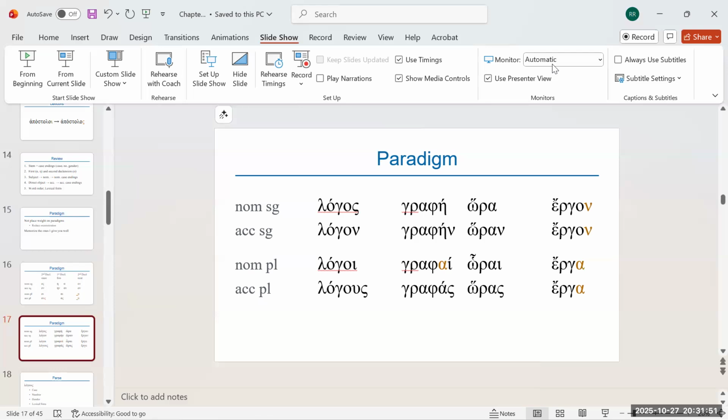What you will do is translate the word based on context, and it won't be hidden from you. You'll be able to identify it. But if I give you the word ergon and I say parse ergon, you don't know the context because I'm just giving you the word. So you would just say masculine singular, nominative or accusative from ergon. So you would give me both the nominative and the accusative.